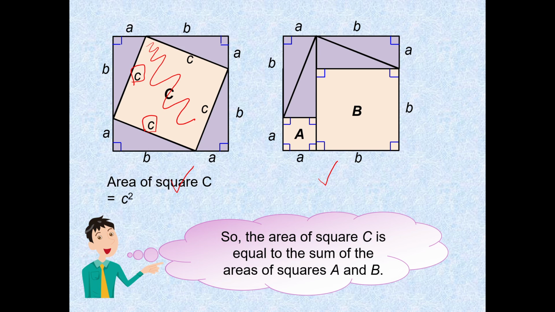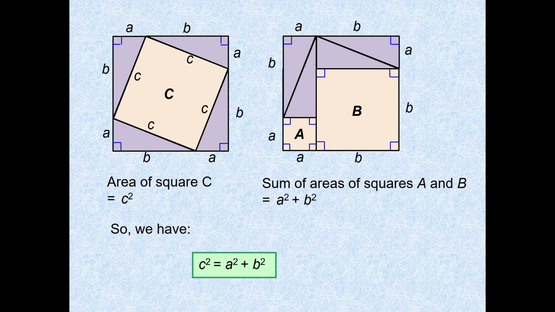And for the area of the orange part on the right hand side, it is A square plus B square. So we can see that C square equals A square plus B square. And so this is the proof.